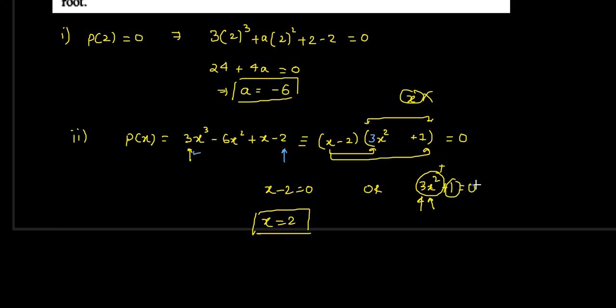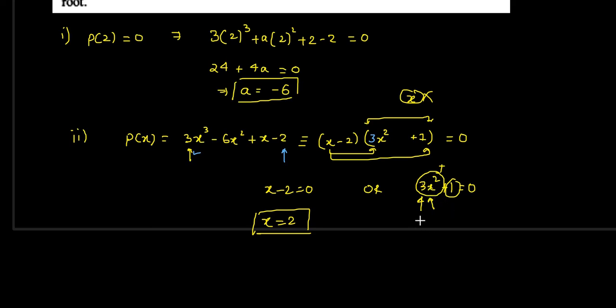If this has to be 0, one term must be negative and one term must be positive. Then only you will get an answer as 0. If both the terms are negative, or both the terms are positive, you won't get any result as 0. But here both the terms are positive.